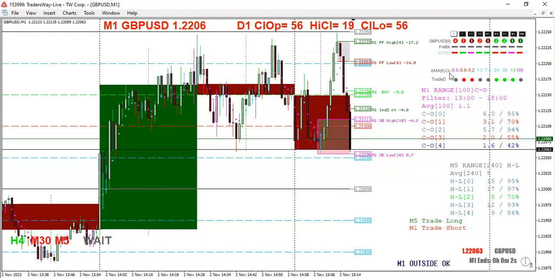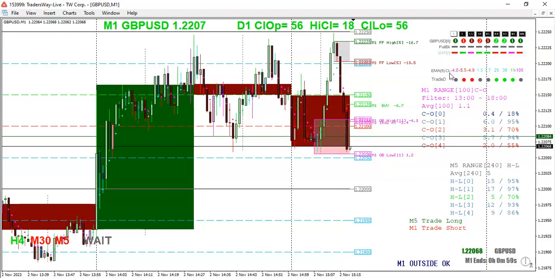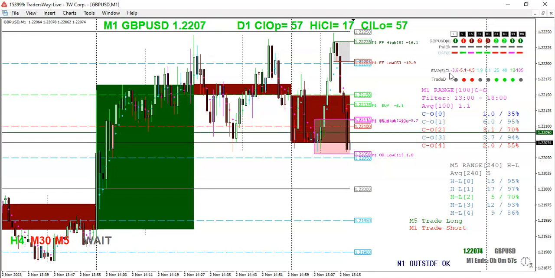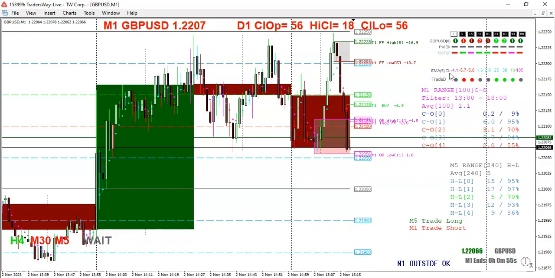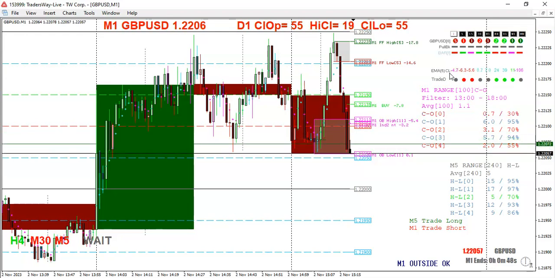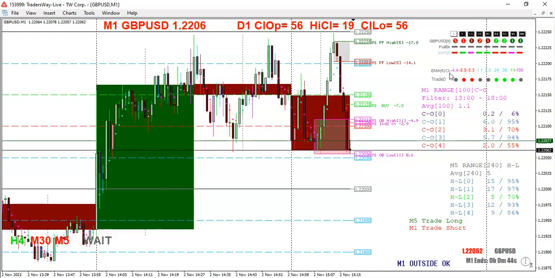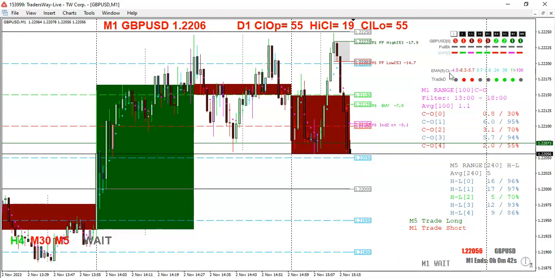It's not a problem. I do use the smart range underneath that, which is the M1 range from close to open. I like to see where we're at and how big those candles are. And if you notice, I have it filtered from 1300 to 1800, based on what my server times are.